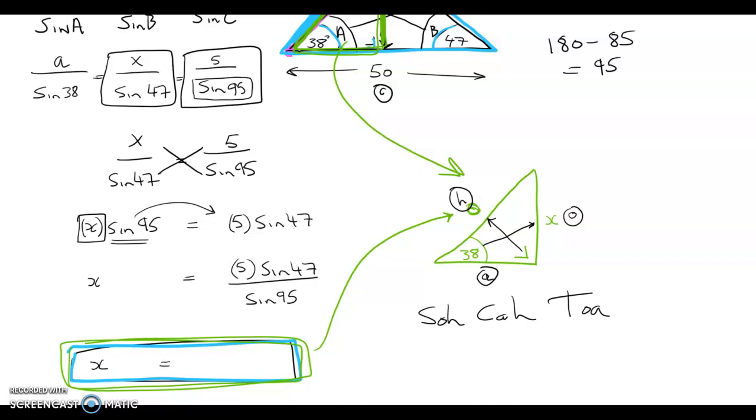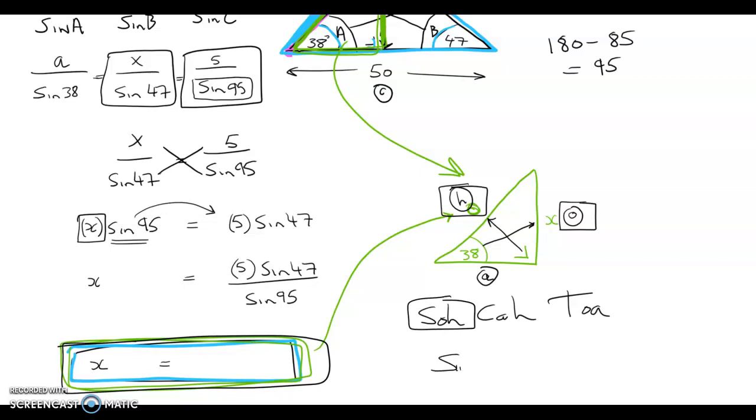We need to use the one that contains the side we're looking for, so we need the one that contains O, and the side that contains H, because we have that side, which we found a moment ago in that question. So O and H, we're going to use sine. So the sine of 38 degrees is equal to O, which we'll call x, over H.